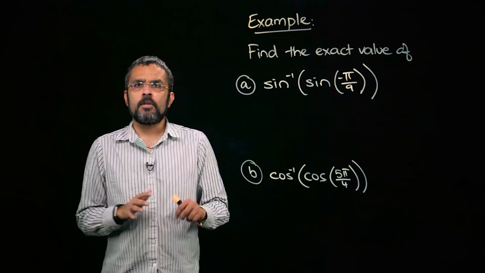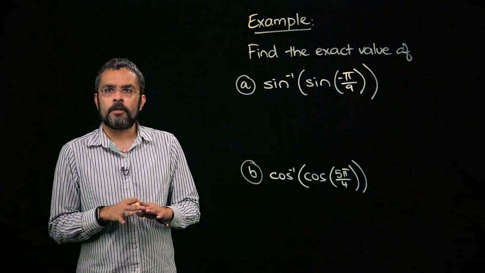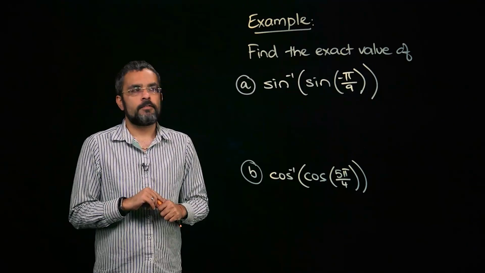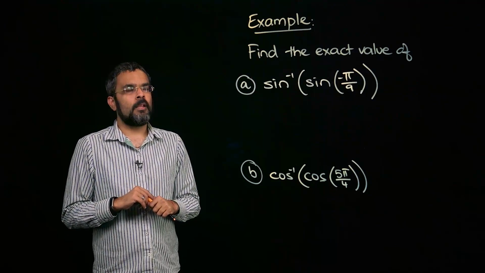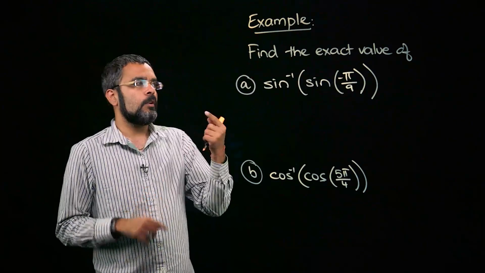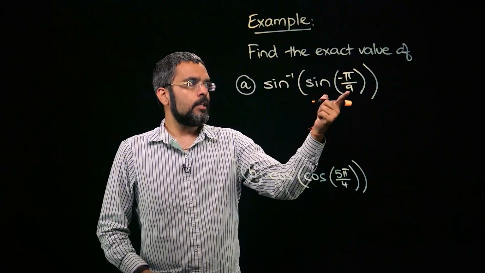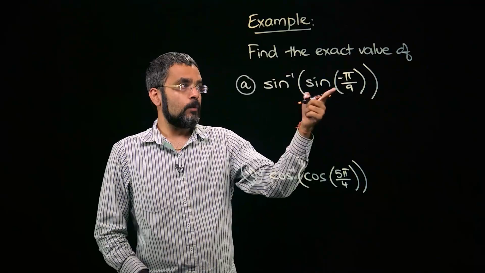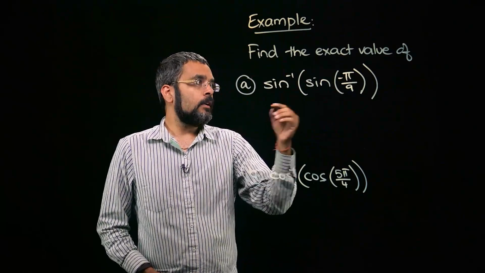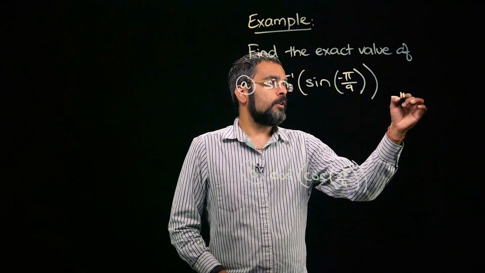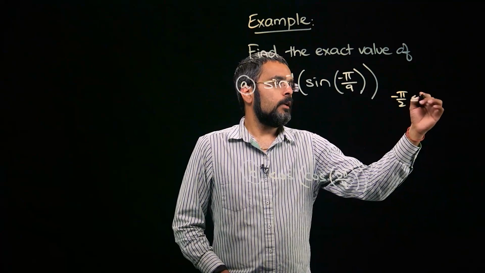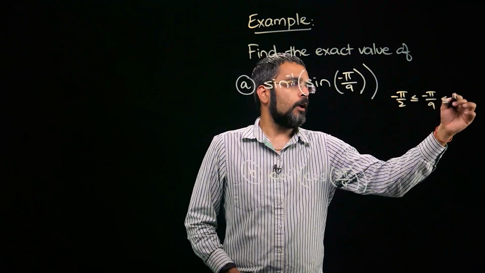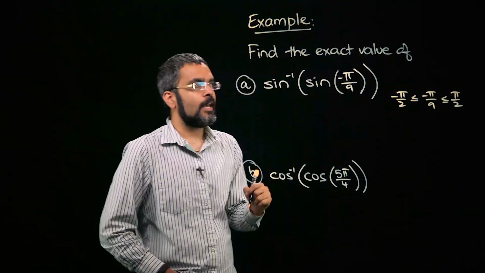Let's use the properties that we saw to solve certain problems. I want to find the exact value of sine inverse of sine of negative pi over 9. The first thing we want to check is that this is within negative pi over 2 and pi over 2, and we see that it is. Negative pi over 2 is to the left of negative pi over 9, which is to the left of pi over 2, so that condition is satisfied.